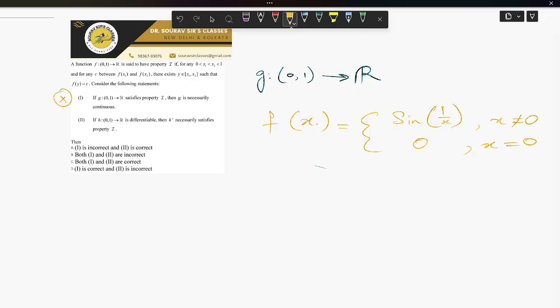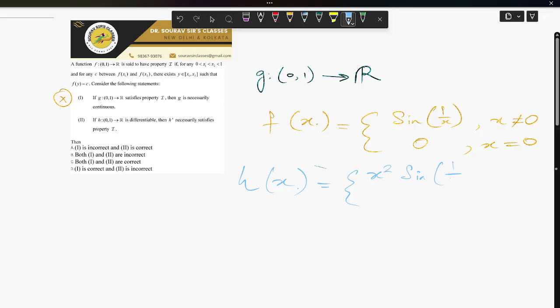For example, let us take h(x) equals x squared sin(1/x) when x is not equal to 0 and 0 when x is equal to 0. This function is differentiable everywhere, but its derivative h dash(x) is not continuous at x equals 0. It does not satisfy the intermediate value property. Thus, statement 2 is also incorrect.